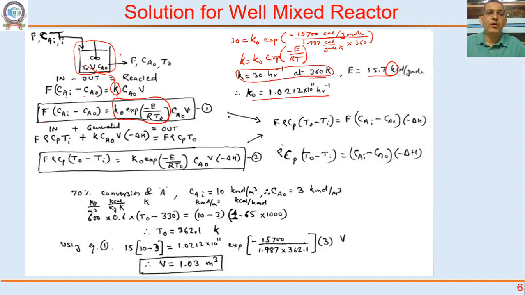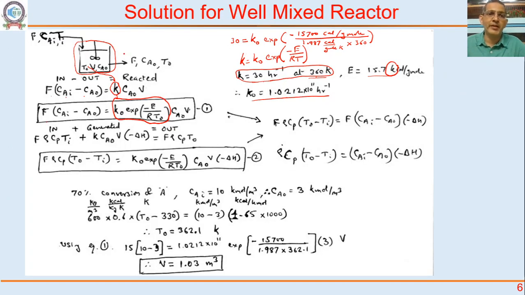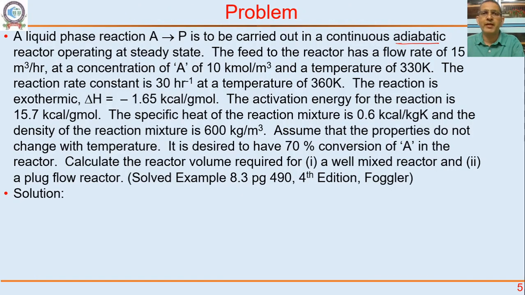Okay. Because the reaction is exothermic, heat is generated, and if this is an adiabatic reactor, remember it is a continuous adiabatic reactor, temperature will rise. So temperature inside the reactor T0 is going to be more than the temperature at which it is fed.